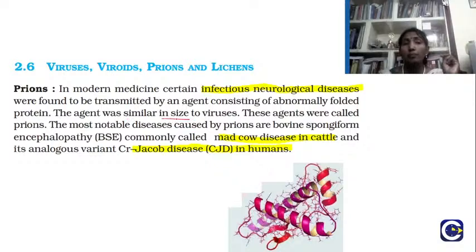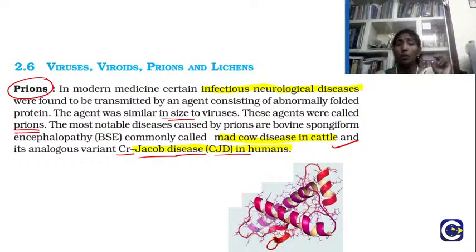These agents are called prions. The most common prion disease is bovine spongiform encephalopathy, mad cow disease of cattle, and they ask this in exams. Similarly, Creutzfeldt Jakob disease in humans is because of prions, the abnormal folding of protein that results in transmission of disease.